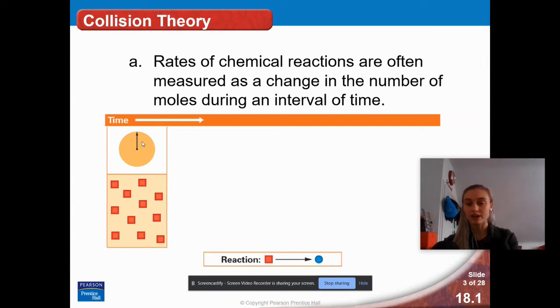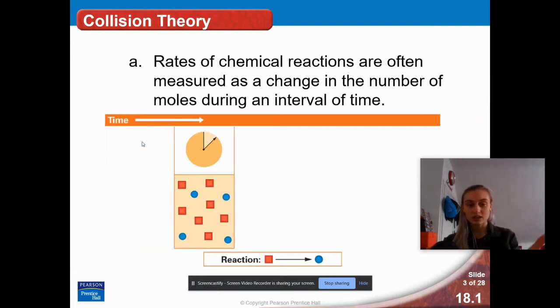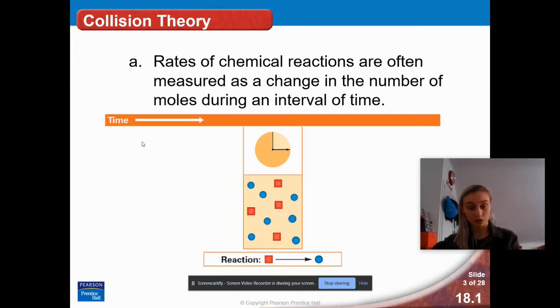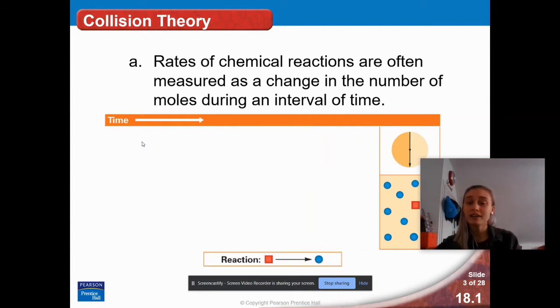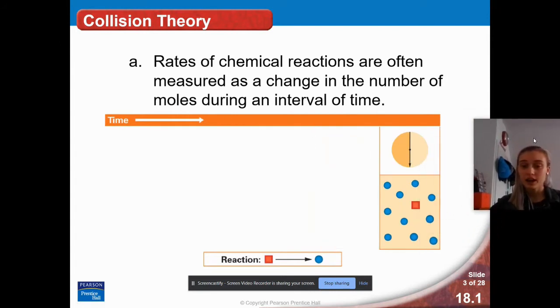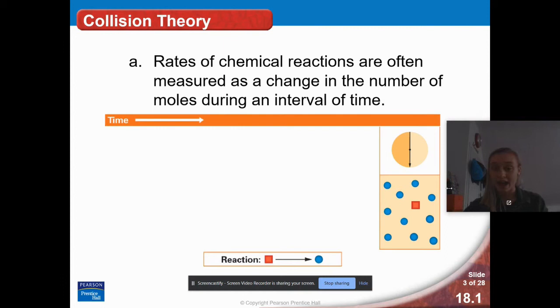But as we progress in time, we're going to see how much reactant is changed into product. So we see, after a time, a little bit has, then a little more, then a little more, and finally almost all of it. And that rate is specific, and it will be given a value, like I said, in millimoles per second.